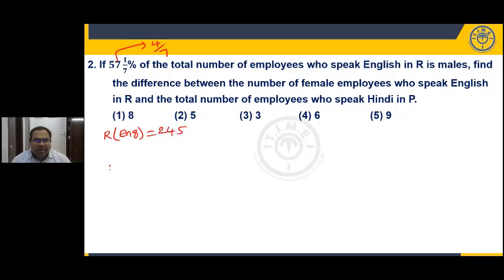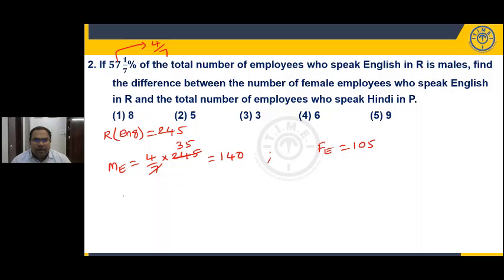In R, males English is 4/7 into 245. 7 3s 21, 7 5s 35. So it is 140 males English. If males English are 140, how much should be female English? 105, because total 245 minus 140 is 105 female English.